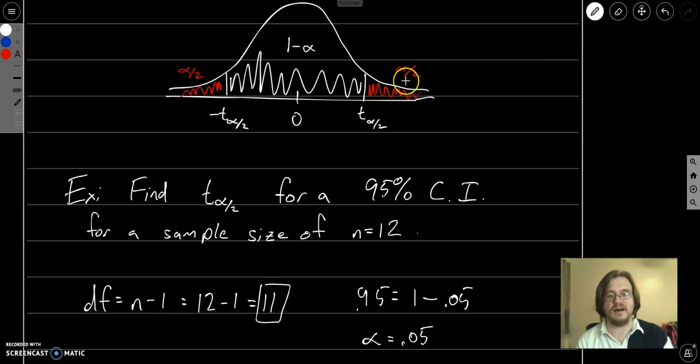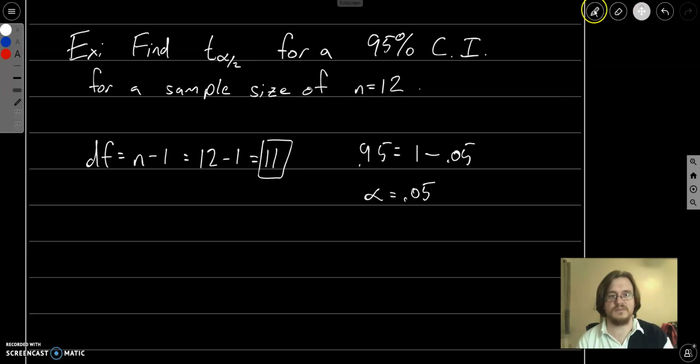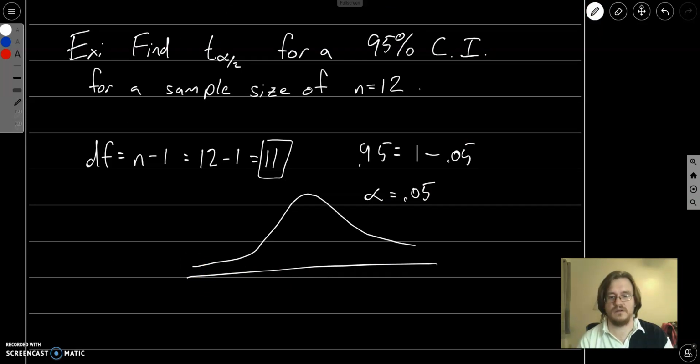So when I look at my distribution, in the middle, let me just draw a new picture here. In the middle, we'll want 95% of the area. Off to the left and to the right, we'll want 5% in total, which means that if I cut that in half, this will be 0.025 to the left and 0.025 to the right.